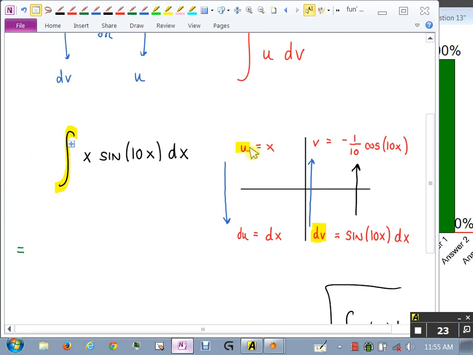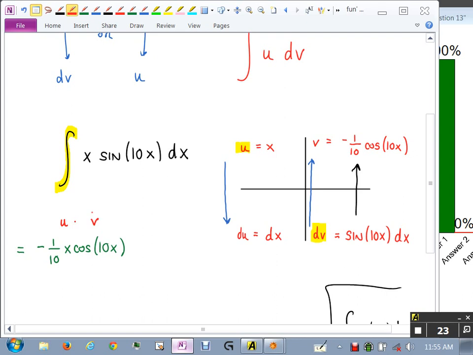So I'm going to take this u, which is x, and multiply it times this v, which is negative 1/10 cosine 10x. And that will give me negative 1/10 x cosine 10x. So this right here is u times v.